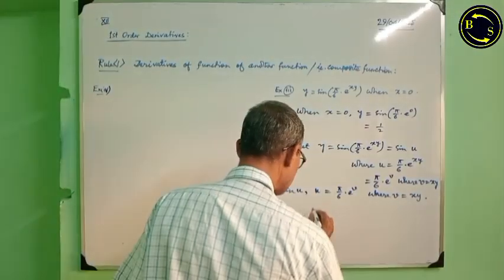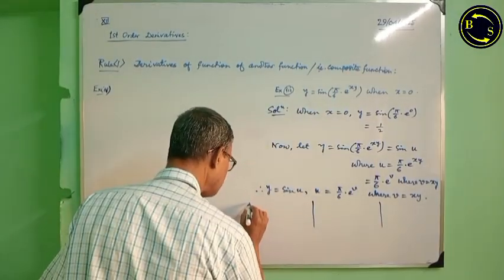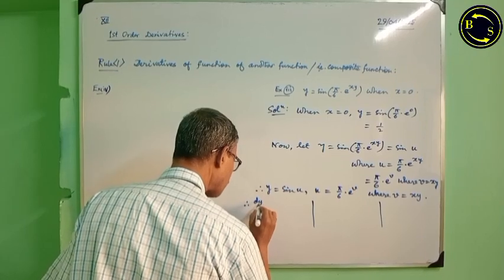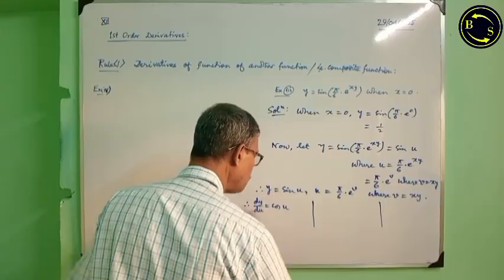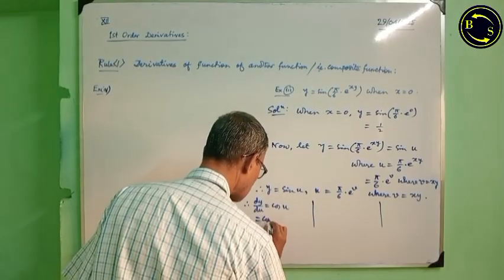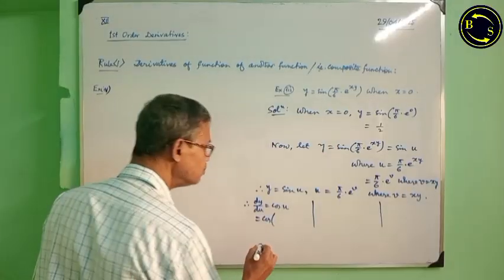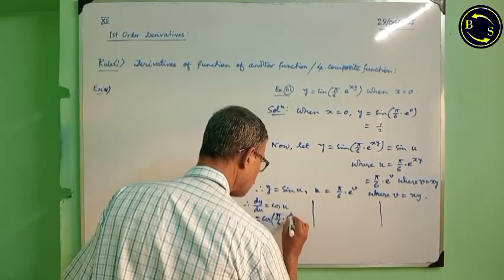Now I find dy by du, cos of u, that means cos of pi by 6 into e to the power xy.